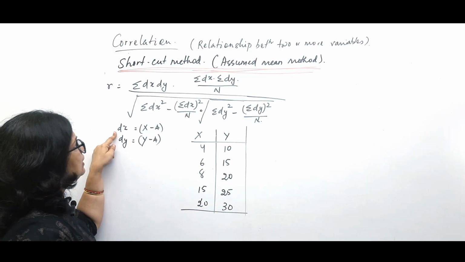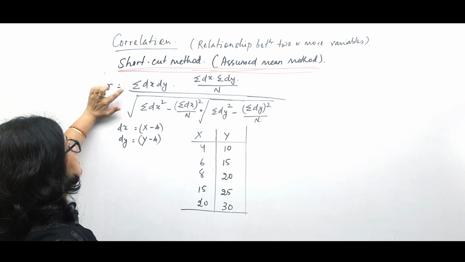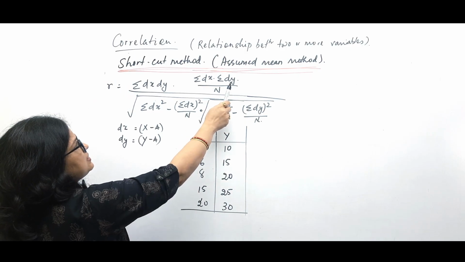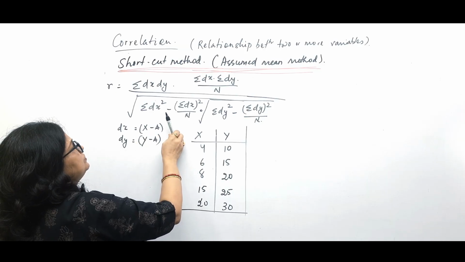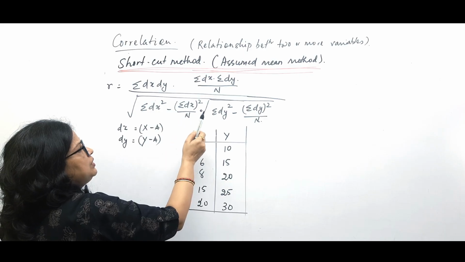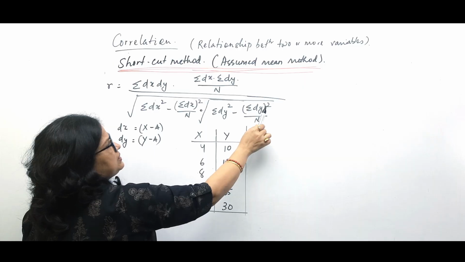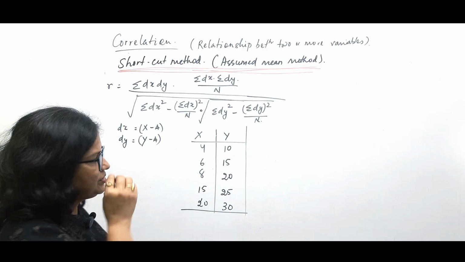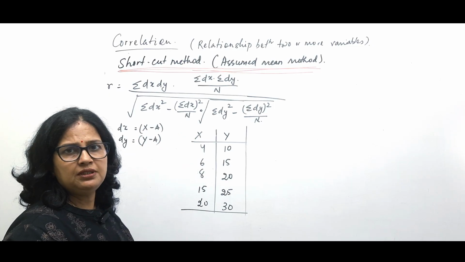This is the formula for the step deviation, shortcut method or assumed mean method: sigma dx dy minus sigma dx into sigma dy divided by n, whole divided by root of sigma dx square minus sigma dx whole square by n, into root of sigma dy square minus sigma dy whole square divided by n.